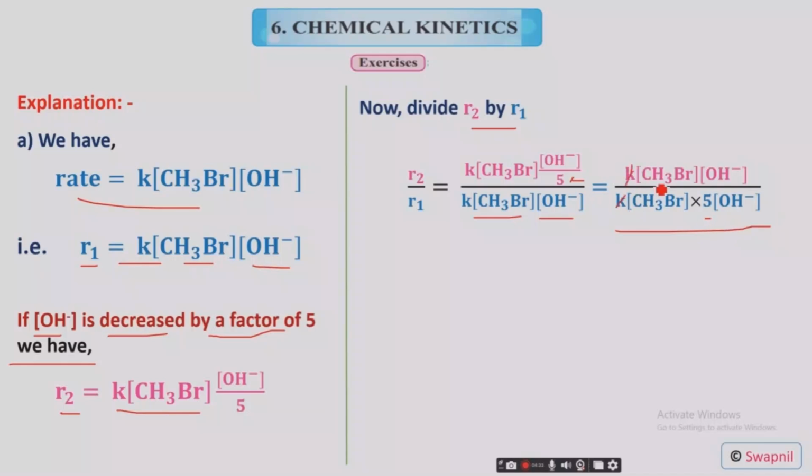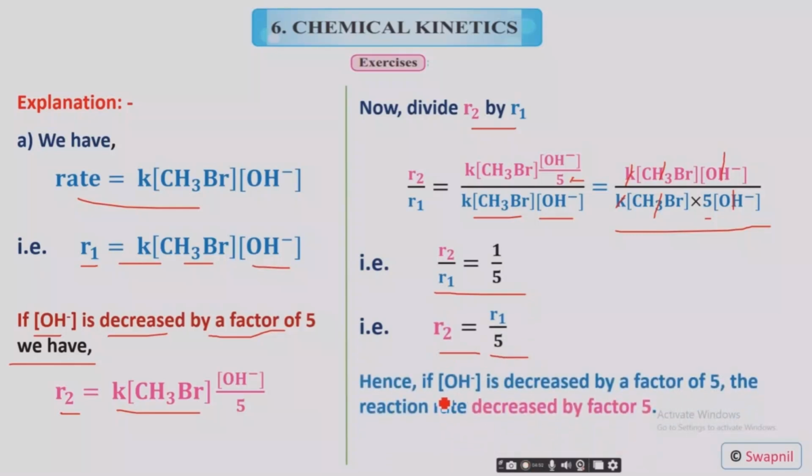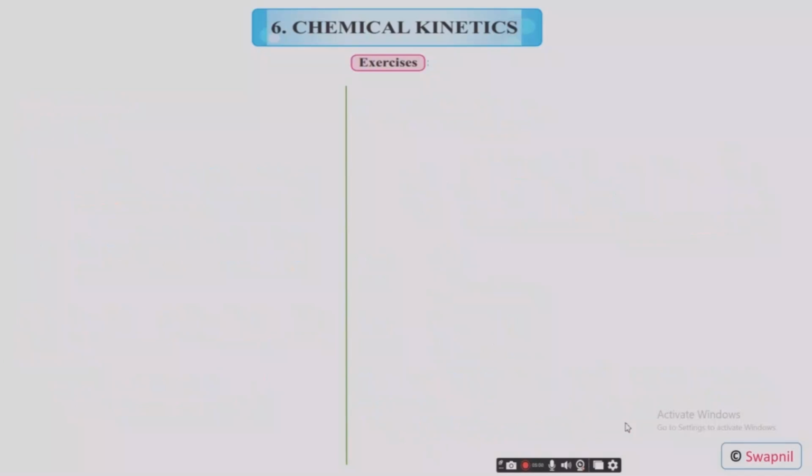Now K cancels, concentration of CH3Br cancels, OH minus ion concentration cancels, and we get R2 divided by R1 is equal to 1 divided by 5, and by rearranging we get R2 is equal to R1 divided by 5. That is, if concentration of OH minus ion is decreased by a factor of 5, the reaction rate decreases by factor 5.